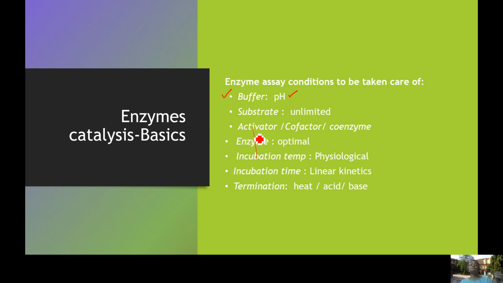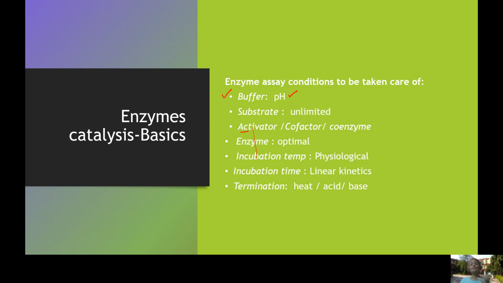Then you should have the presence of the activator or the cofactor or the coenzyme, which are required to accelerate the enzyme activity. And then the concentration of the enzyme should be optimal. Then the incubation temperature.